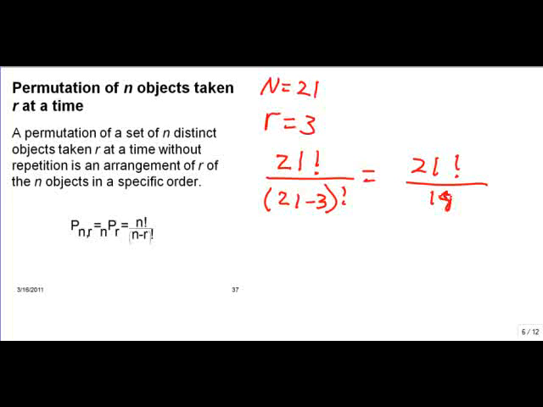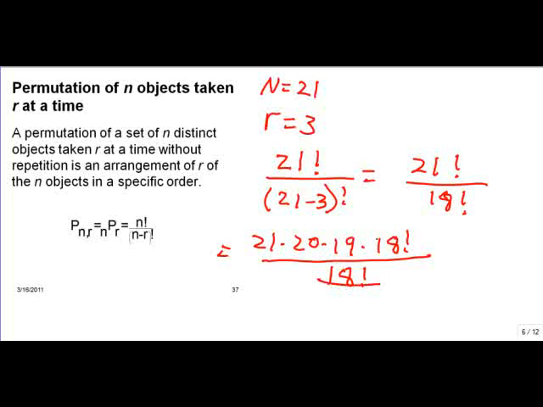18 factorial. So to compute this, note that 21 factorial is 21 times 20 times 19 times 18 factorial, divided by 18 factorial.